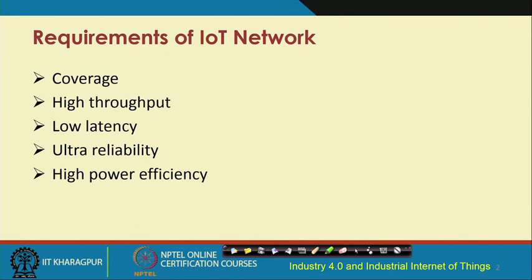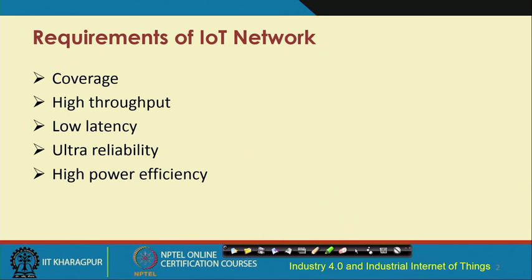You need to ensure that there is adequate coverage in terms of the deployment of these sensor nodes, these IoT nodes, in the terrain of interest, and that there is sufficient coverage in terms of sensing and communication throughout the territory where the IoT devices are deployed.